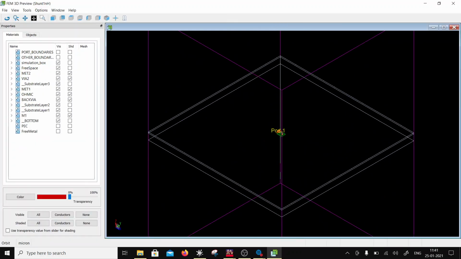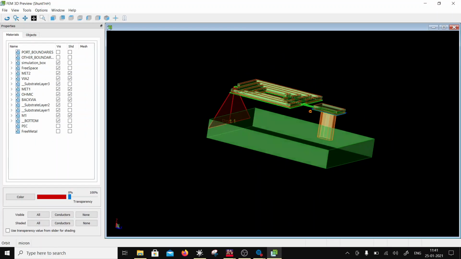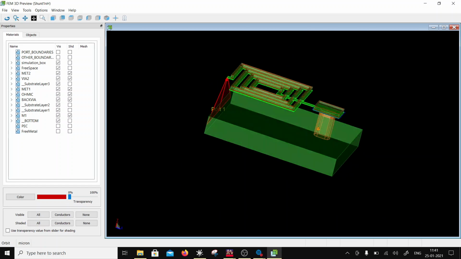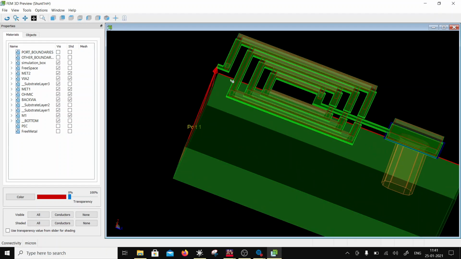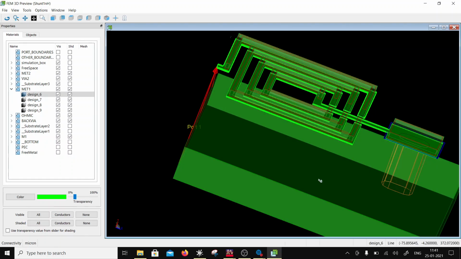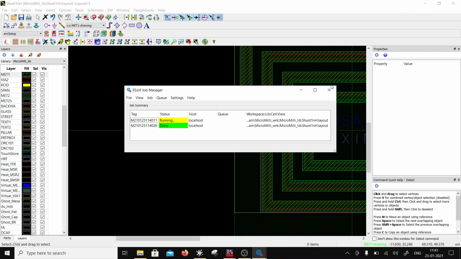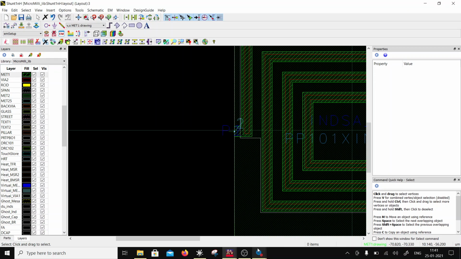That is my inductor, and that inductor is basically a shunt element through a via. Now I want to see the connectivity, because this should be a single metal. There is this connectivity tool. If I choose metal 1, you see everything is connected, it has shaded everything. That is a very good tool to make sure that you have connectivity. So I'm done with the preview, and I'm going to let this simulate and pause the recording.